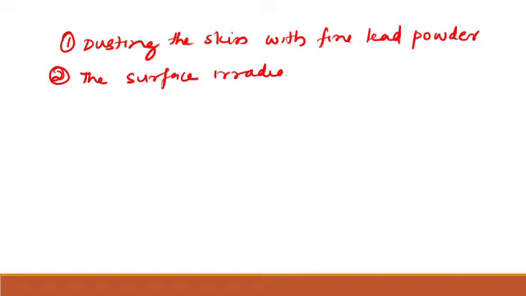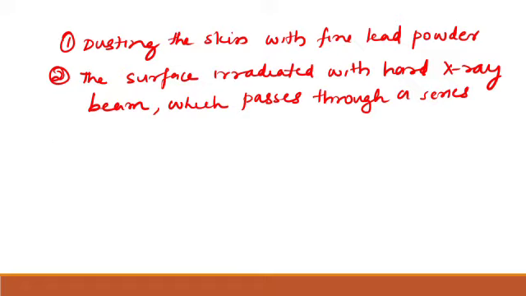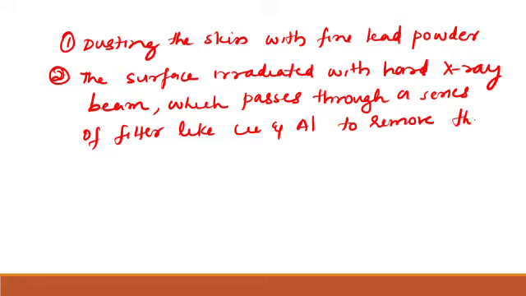After that the surface is irradiated with a hard X-ray beam which passes through a series of filters like copper and aluminium to remove the soft components of the irradiated X-ray beam.